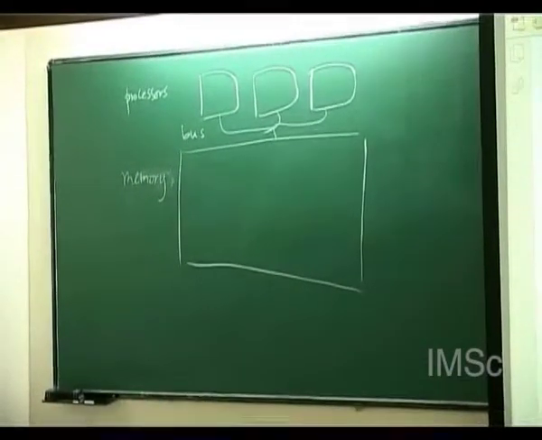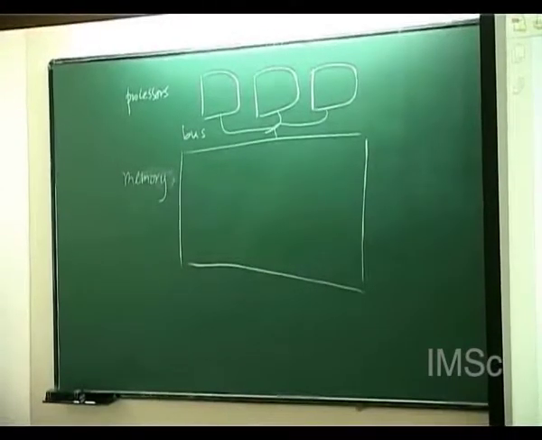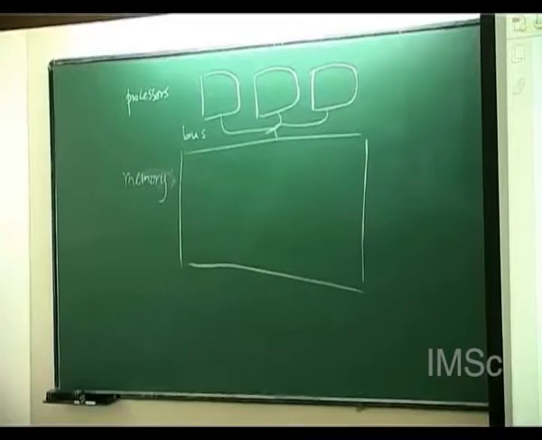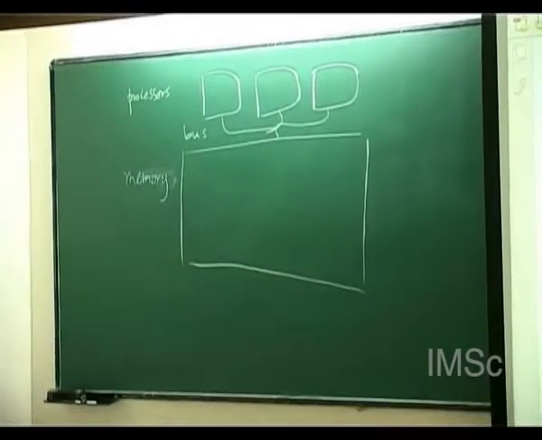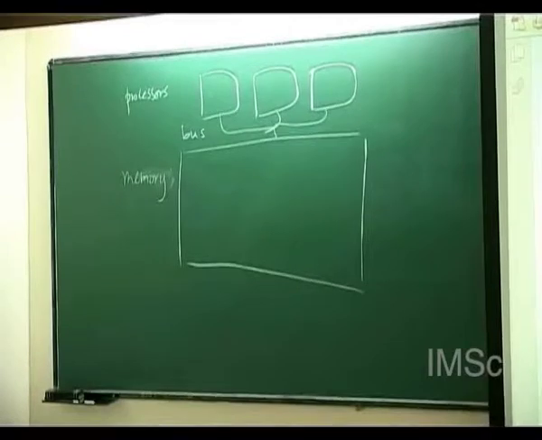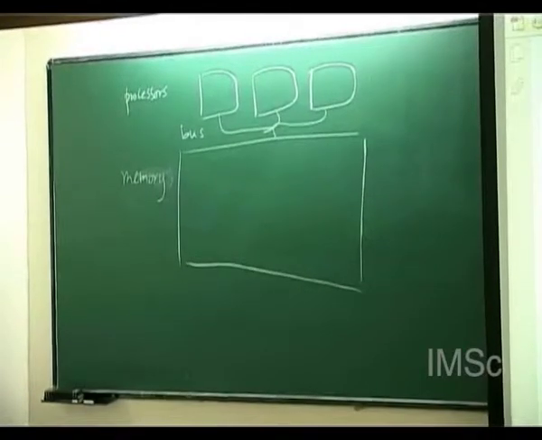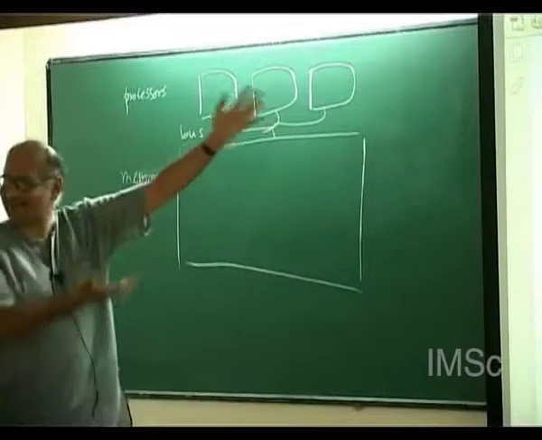So where are all these threads? When this is compiled, ultimately it has to run on the machine. So where do all these threads go? Where do they sit? When you have compiled this, all this has become machine language, right?